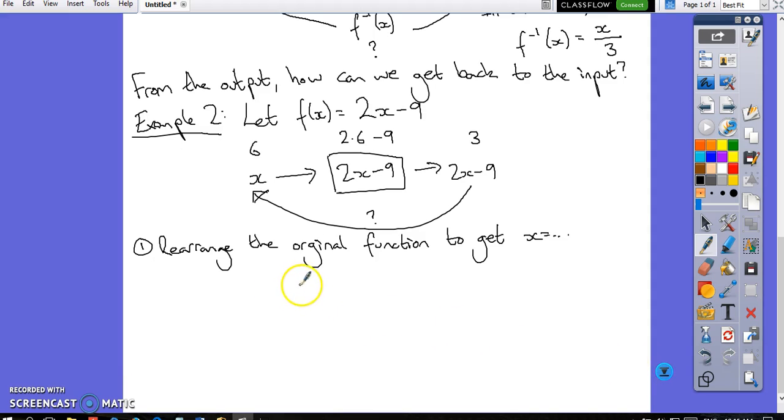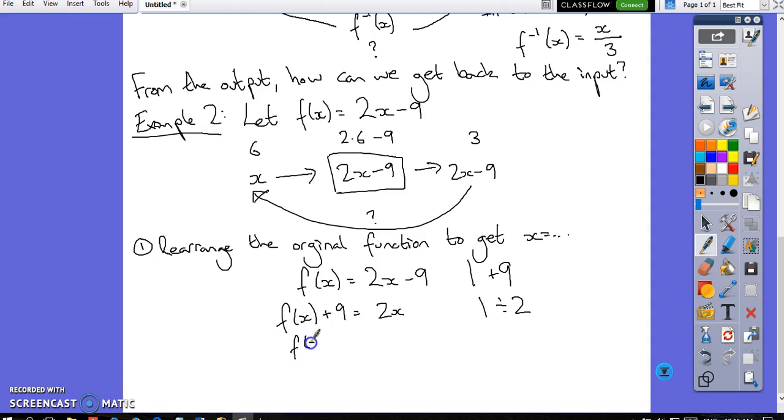So if we have here f of x is equal to 2x minus 9, then I add 9. I get f of x plus 9 is 2x, and then I divide by 2, so I get f of x plus 9 over 2 is equal to x. And this here was my input of this function, and this here was my output.